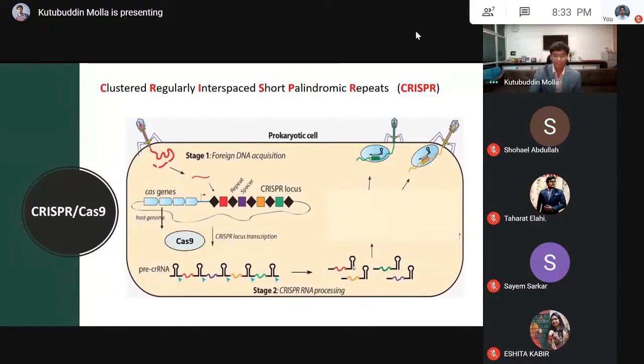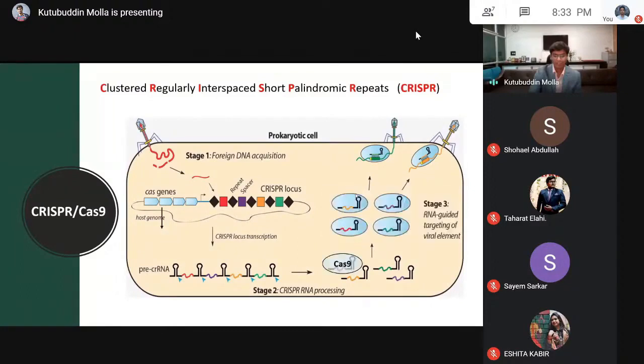Suppose now the green virus infects, and the green DNA comes inside the host cell as usual, and then these green CRISPR-Cas9 complexes go and look for similarities.